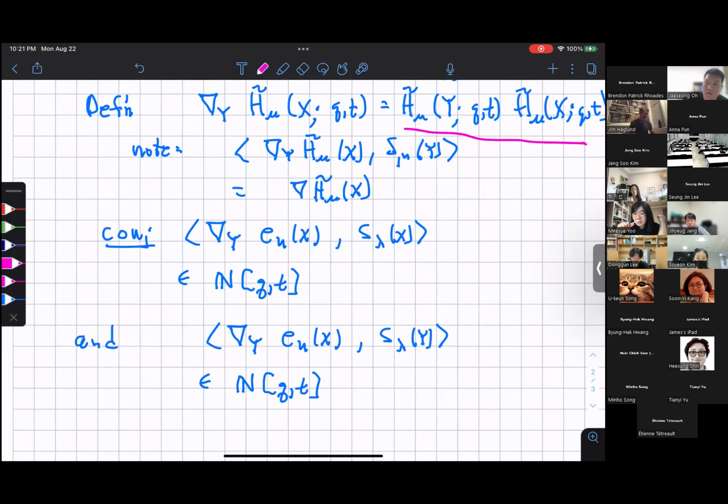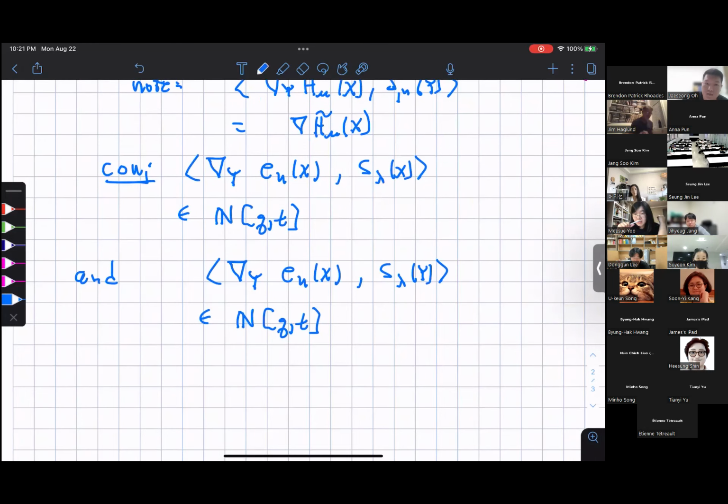Maybe I should just write it as: is Nabla y En Schur positive? Yes. The coefficient of s beta of y, s gamma of x is in N bracket qt. I've never really worked with these bisets of variables, so I'm not quite sure myself of that notation.